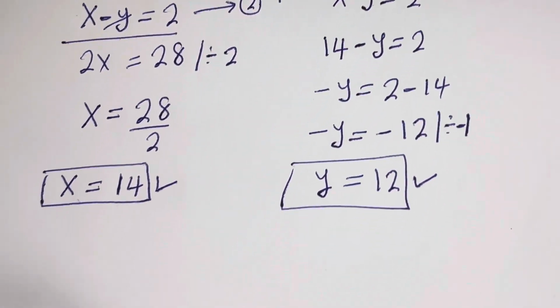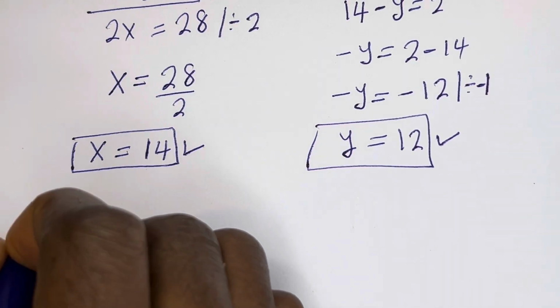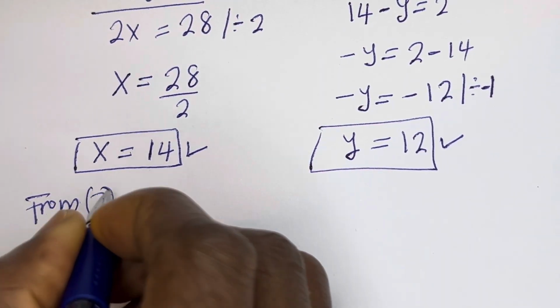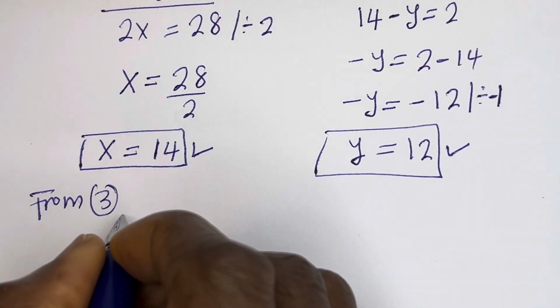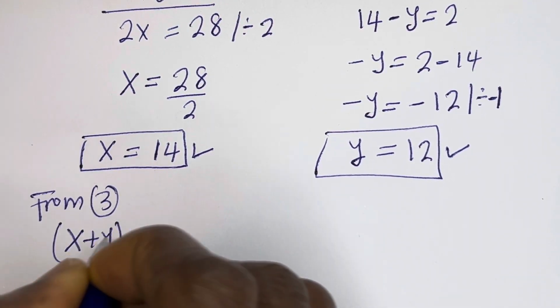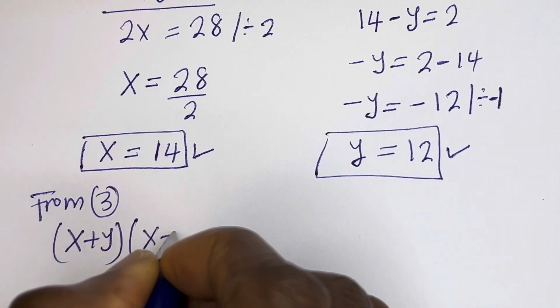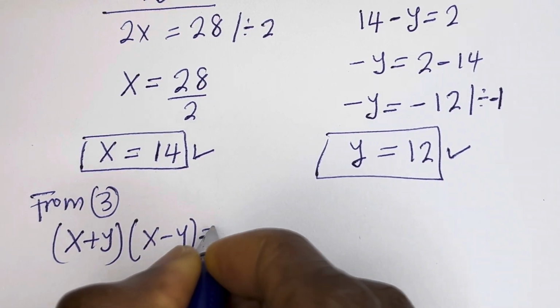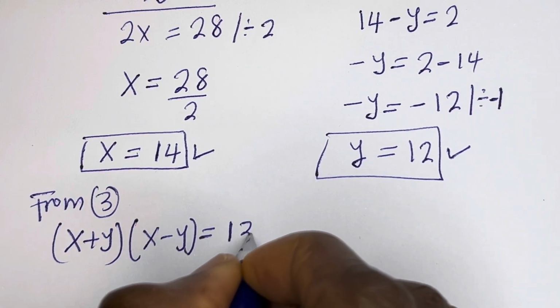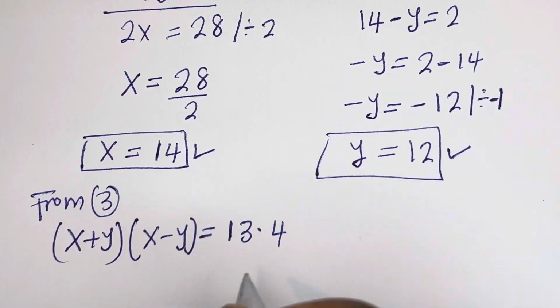Now let's consider the third case. From the third case, we have (x plus y)(x minus y) is equal to 13 multiplied by 4.